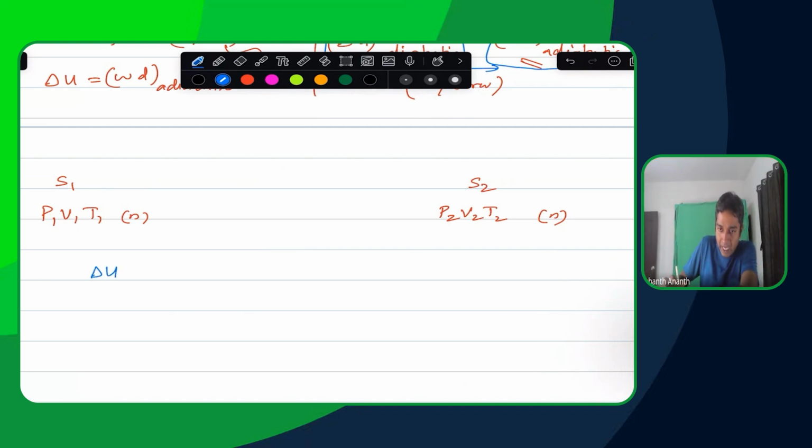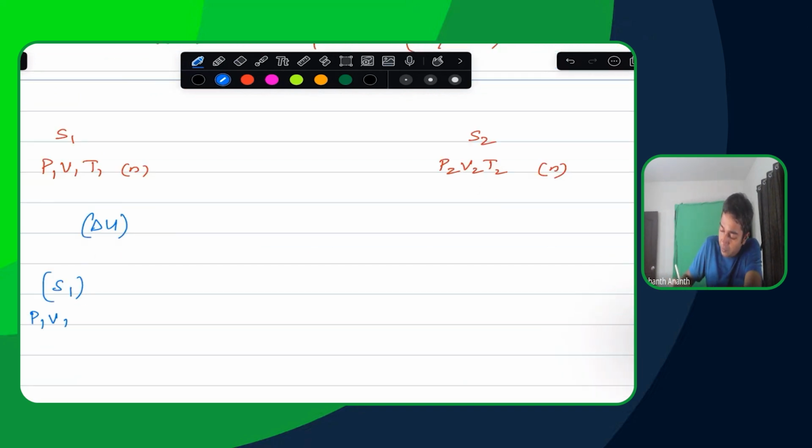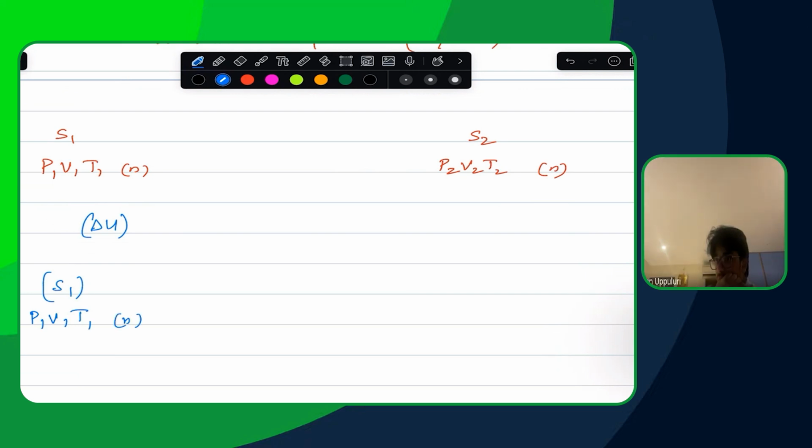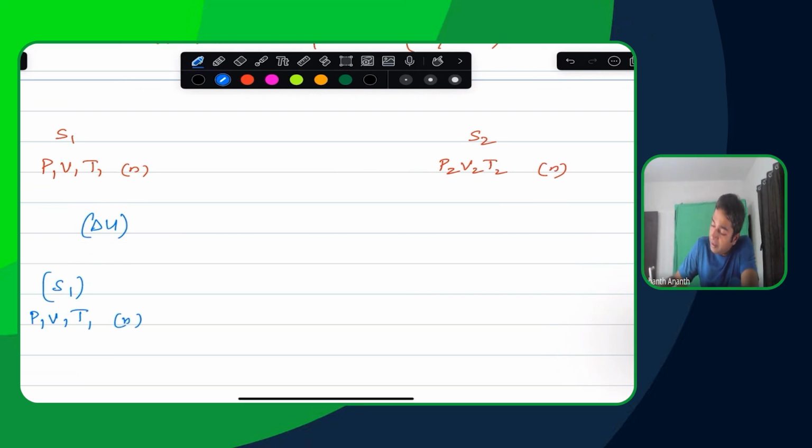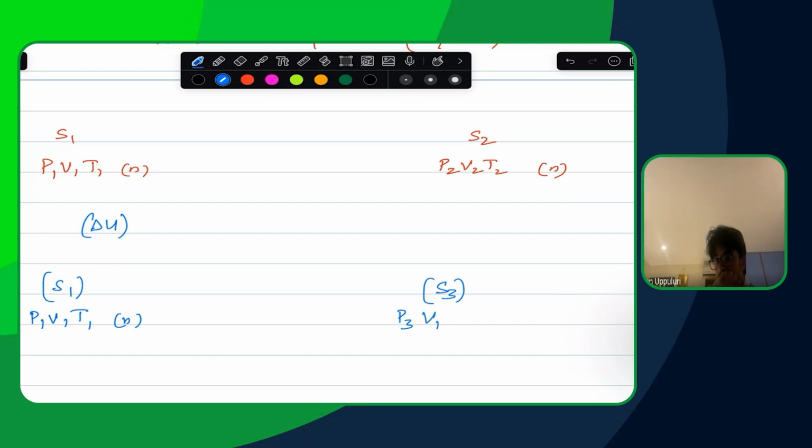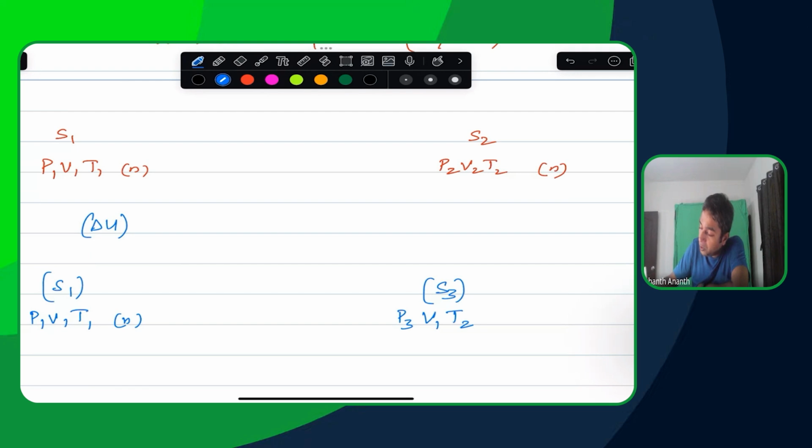So if I have state S1 being P1, V1, T1, and number of moles n. If I have a theoretical state S3, where the pressure is P3, my volume is maintained as V1, and my temperature finally becomes T2.